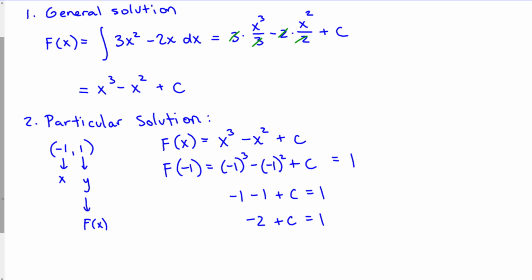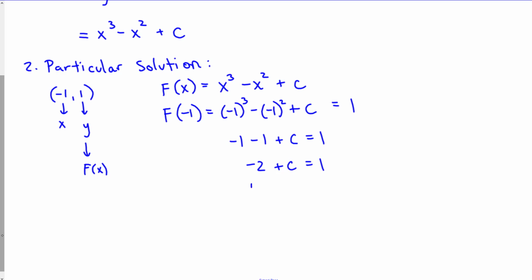If I add 2 to both sides, this cancels out and leaves me with c equal to 3. So my particular solution that passes through this one point is capital F of x equals x cubed minus x squared plus 3. That's the one solution that passes through that particular point.